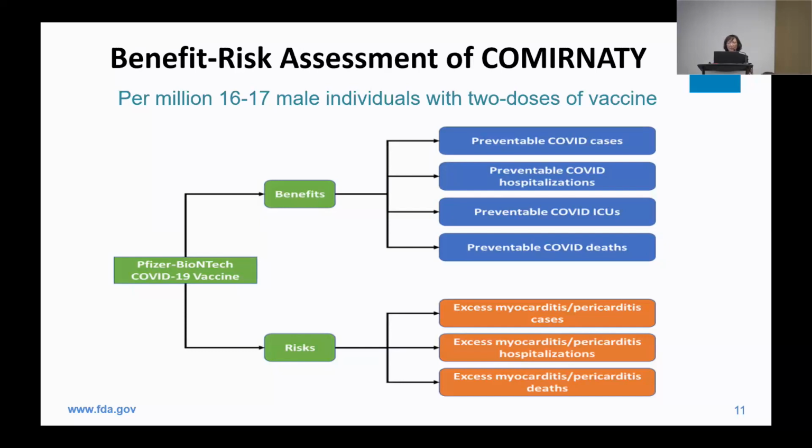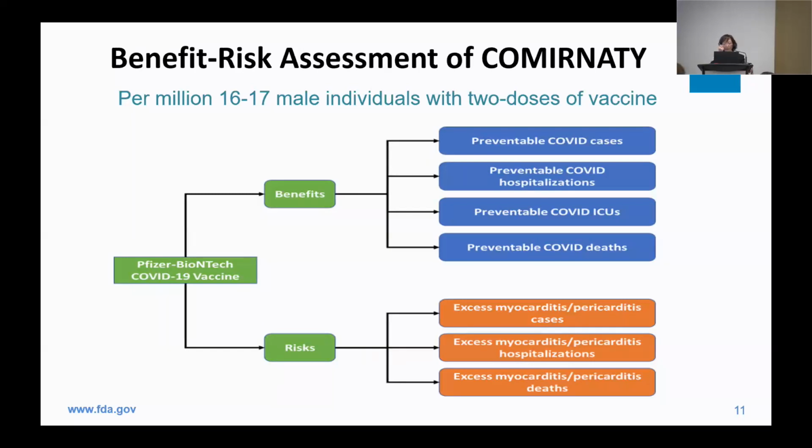Because of this, our office was tasked to conduct a quantitative benefit risk assessment to assist CBER's review of this BLA. Our analysis focused on 16 to 17 year old male individuals. We assessed the benefit for 1 million of these individuals with 2 doses of Pfizer vaccine.